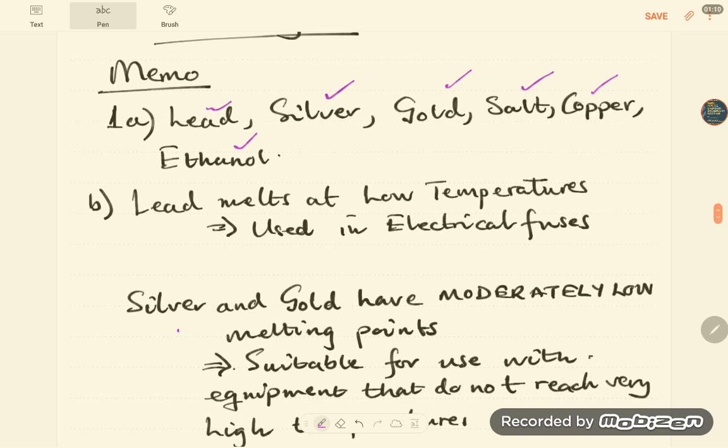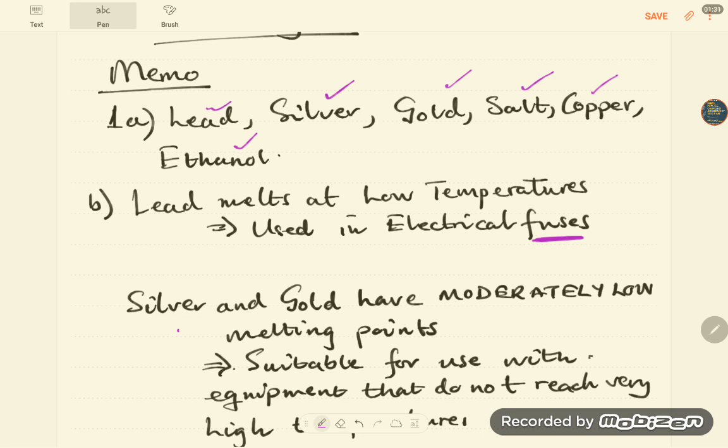So lead melts at very low temperatures, and so what we use it for is making electrical fuses. The electrical fuses are the ones that you find in your plugs. Okay, they're meant to protect your appliances, and how they work is that if you have too much electricity moving through the fuse, okay, the fuse will melt.